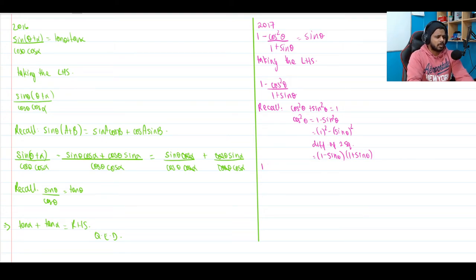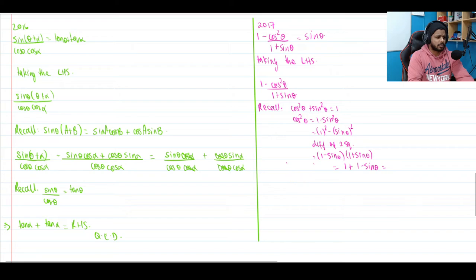So I end up with 1 plus 1 minus sine theta into 1 plus sine theta over 1 plus sine theta. You cancel with you. I end up with 1 plus 1 minus sine theta. Oh shucks, is not that.